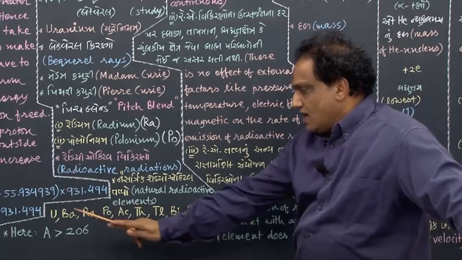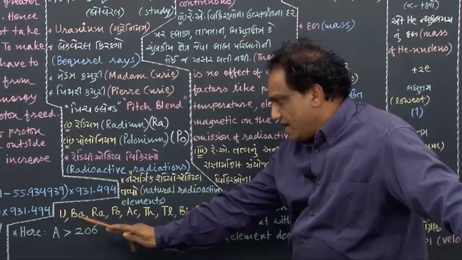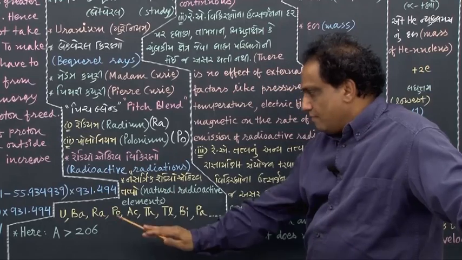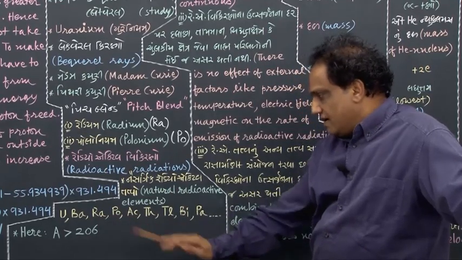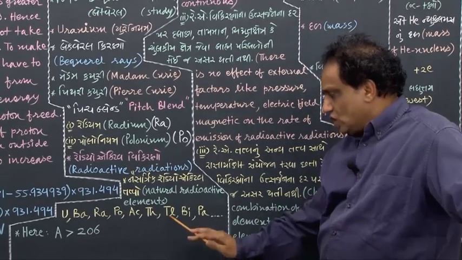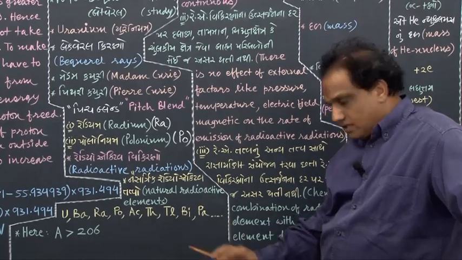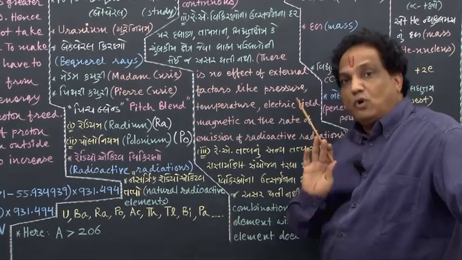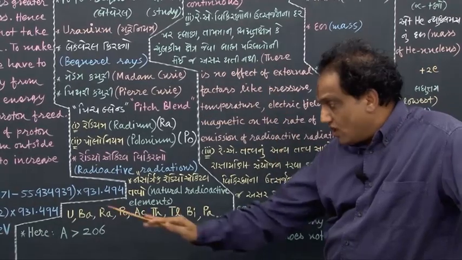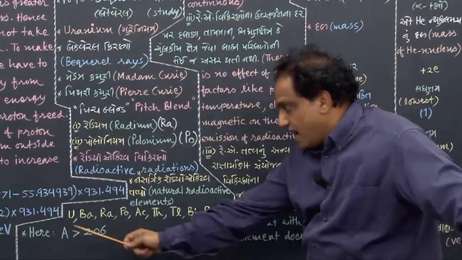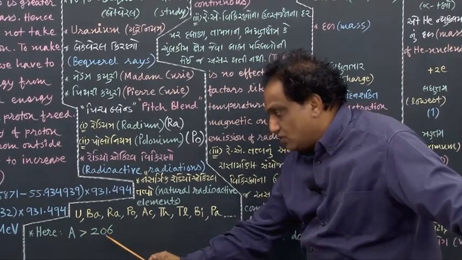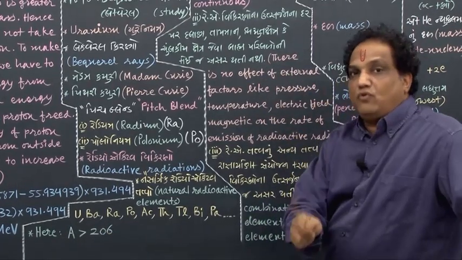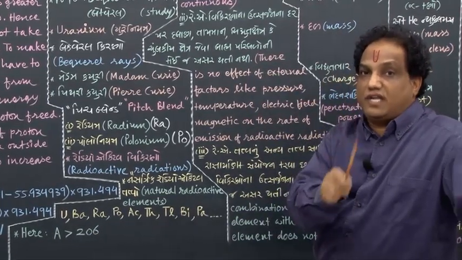They are uranium, barium, radium, polonium, actinium, thorium, thulium, bismuth, protactinium, plutonium, etc. These all have atomic mass number greater than 206. They are found to be naturally radioactive.